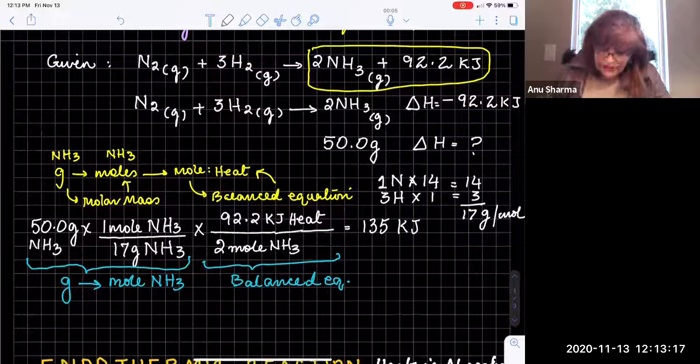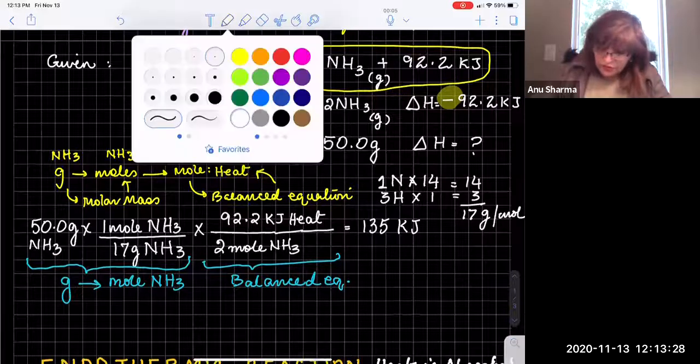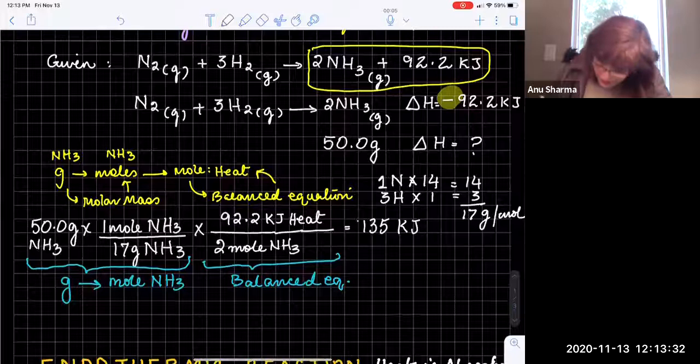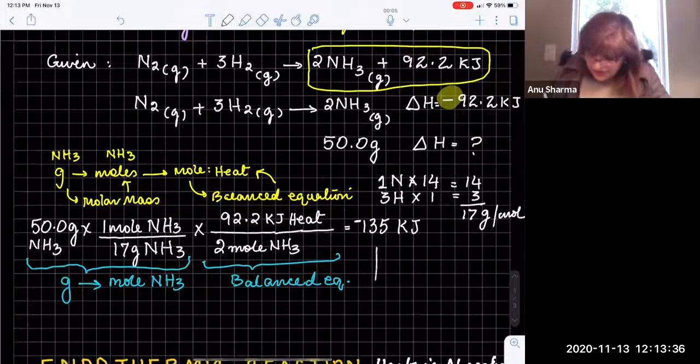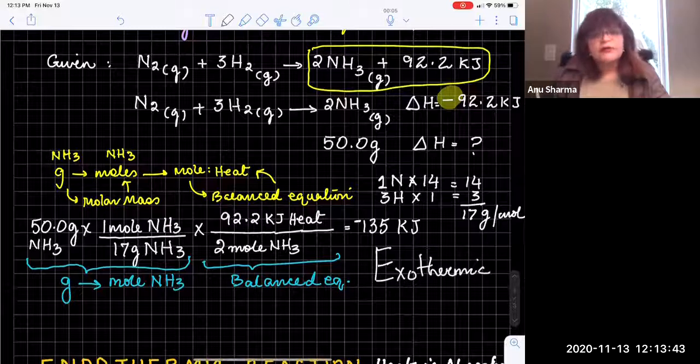Now pay attention. We have here a negative. Negative means that it is an exothermic reaction. So in your answer, even though there is no negative sign, you will have to bring this negative sign because this is an exothermic reaction. You have to pay attention to whether the reaction is exothermic or endothermic.